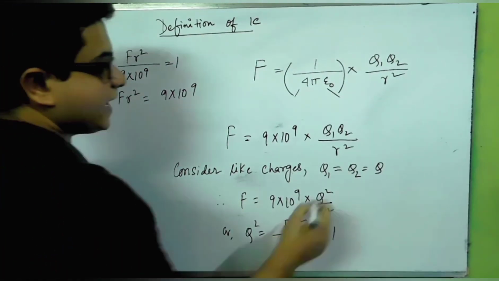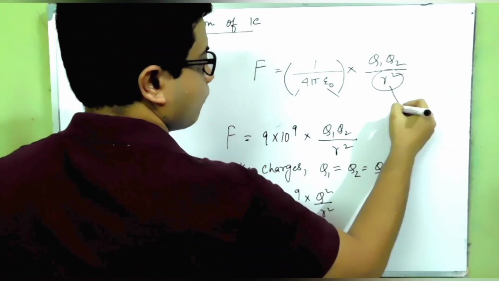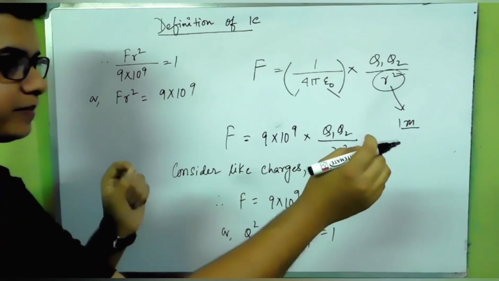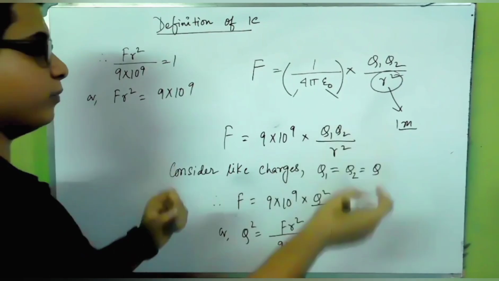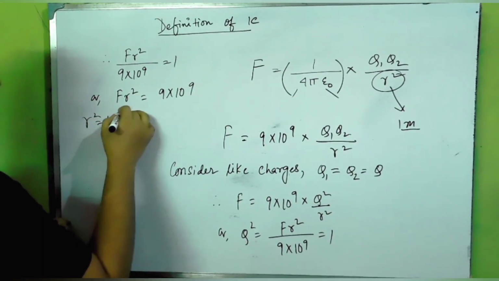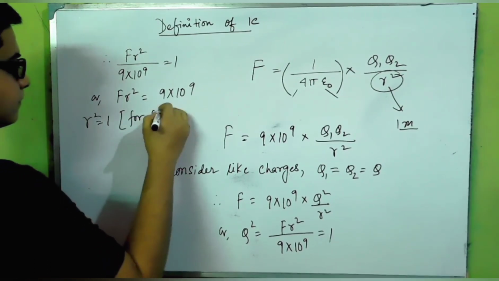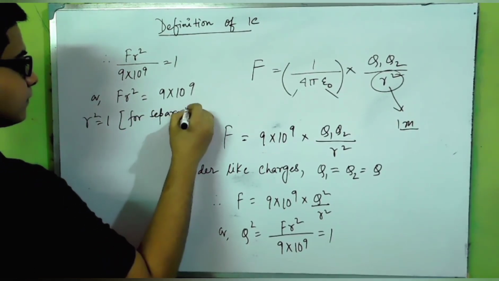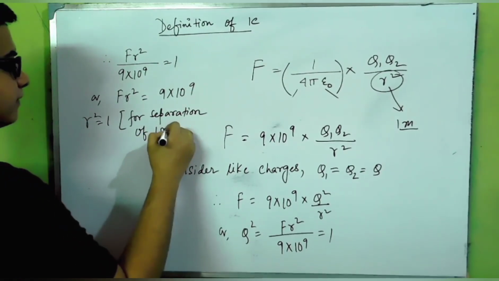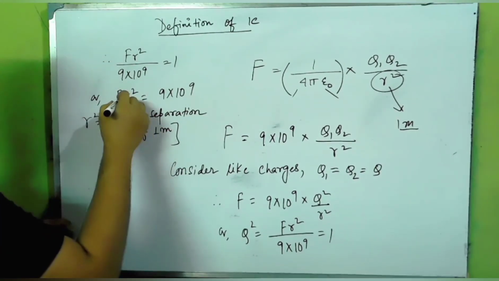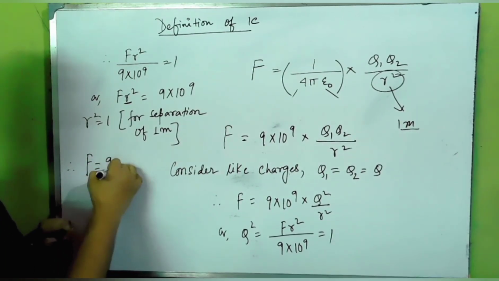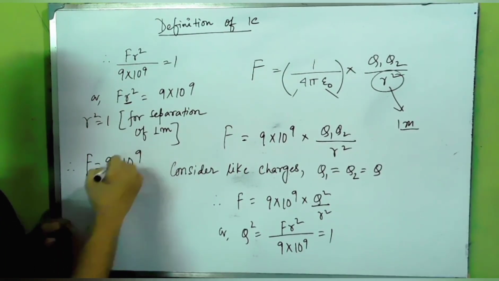Now if we take the separation between these two charges to be 1 meter, that is, these two charges are separated by a distance of 1 meter in vacuum, then R square is going to be 1. Therefore if R square becomes 1, then the value of F is 9 times 10 to the power 9.